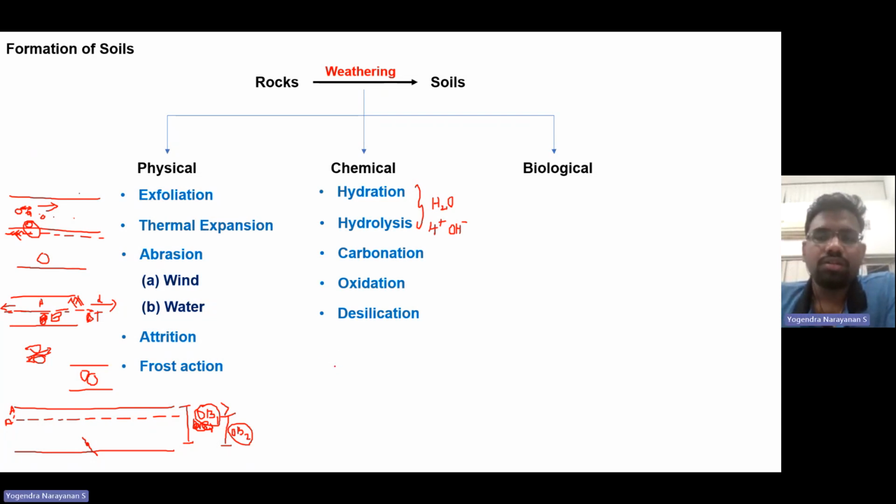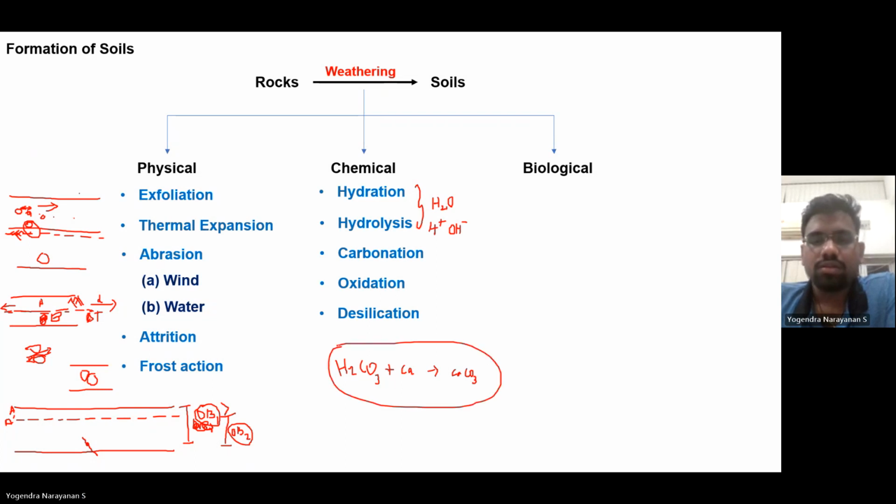For example, when H2CO3 reacts with calcium present in the rocks, it results in the formation of calcium carbonate minerals, and this is one of the examples.